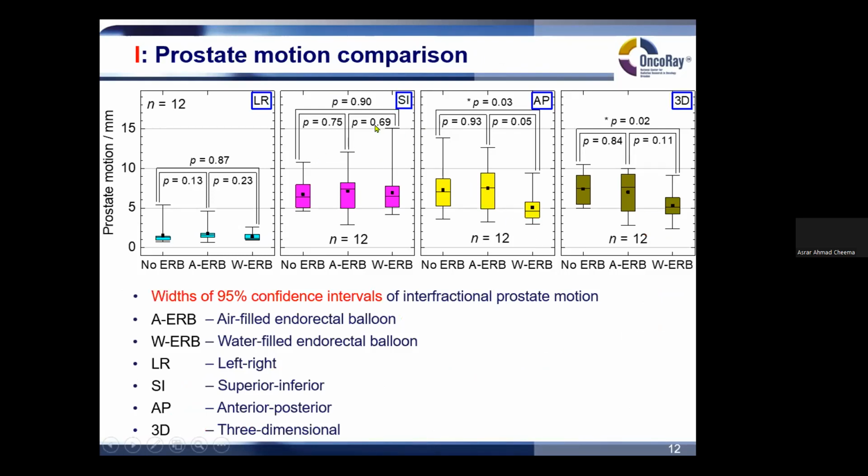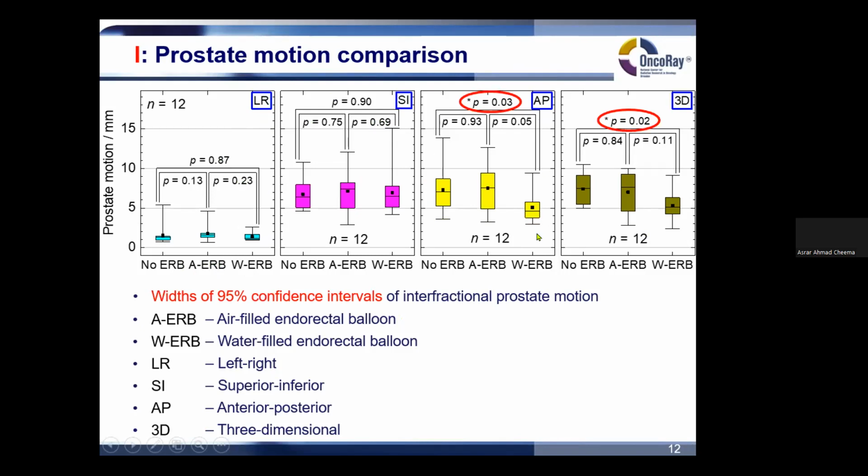Prostate motion was compared along left, right, superior, inferior, anterior, posterior, as well as the 3D motion vector. It was found that there was no difference in the no endorectal balloon, air-filled endorectal balloon, and water-filled endorectal balloon groups along left, right, and superior, inferior direction.